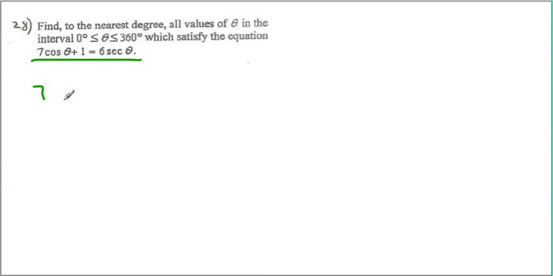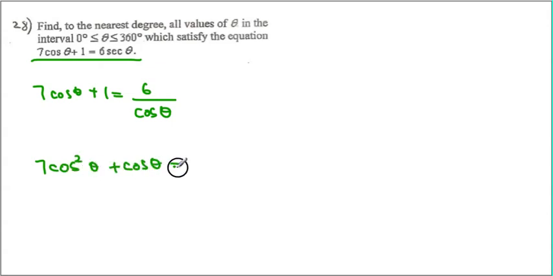Here we have 7 cosine theta plus 1. Since we know that secant is 1 over cosine, we're going to have 6 over cosine theta. We can multiply left and right side, everything, by the cosine. Then we realize 7 cosine squared theta plus cosine theta equals 6.